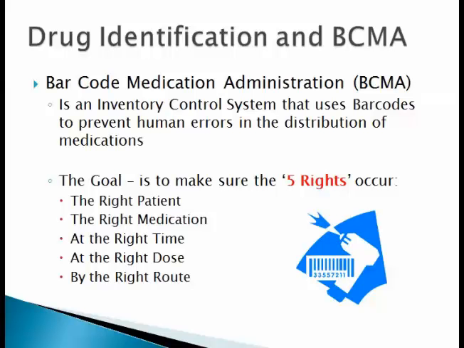The goal when you're administering medications is to make sure of the 5 rights, as they're called. You know, the right patient, the right medication, administered at the right time, at the right dose, and by the right route.